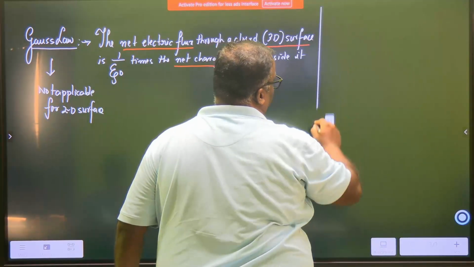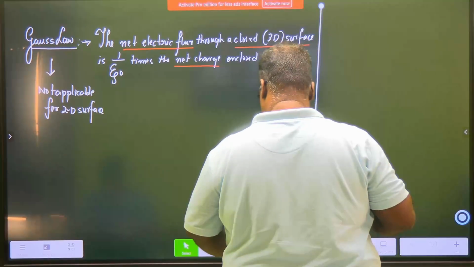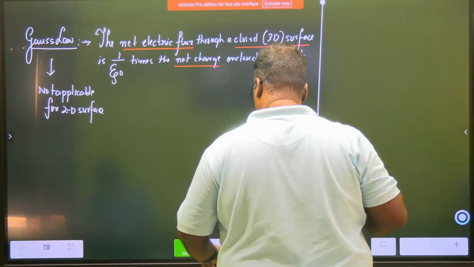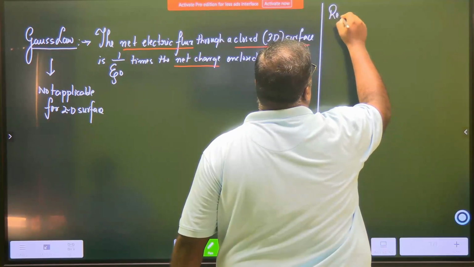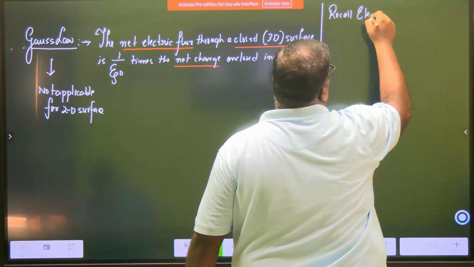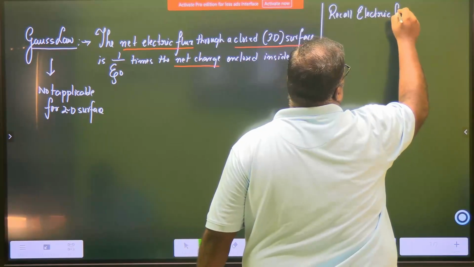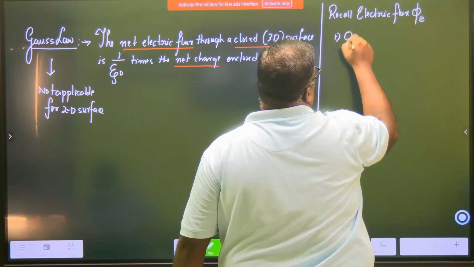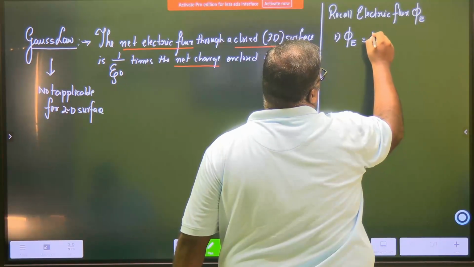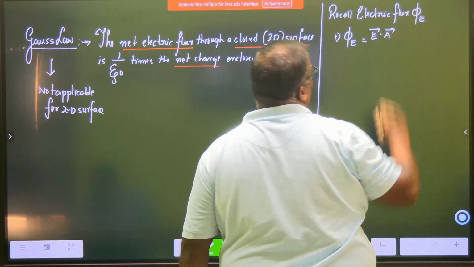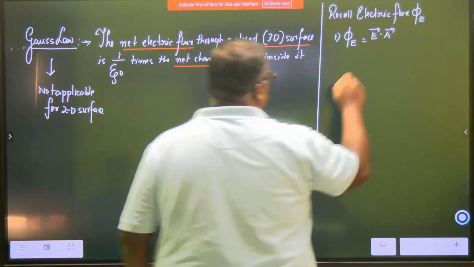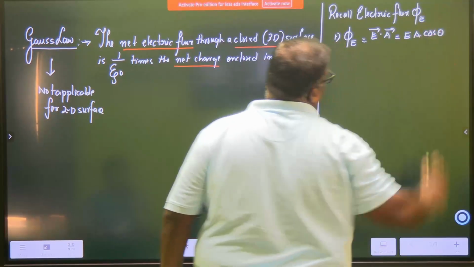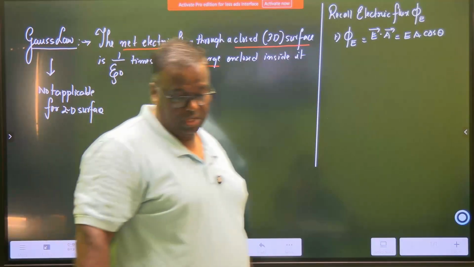At this junction, we will once again recall electric flux, whatever we had studied, so that our understanding becomes absolutely clear. Electric flux is a quantity denoted by phi E. Number one, you studied phi E is equal to the dot product E dot A. This is a scalar, so it will be EA cos theta, where theta is the angle between them, right?